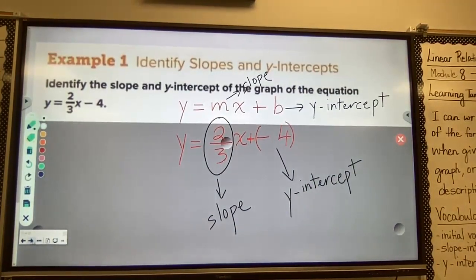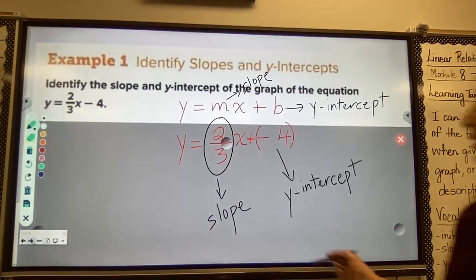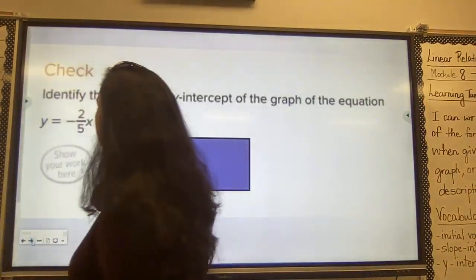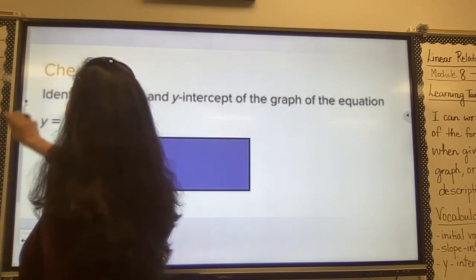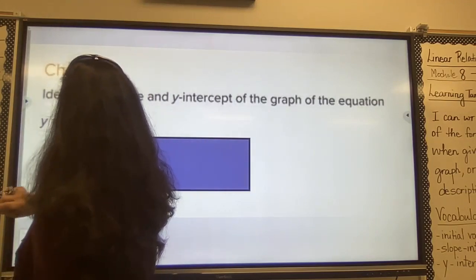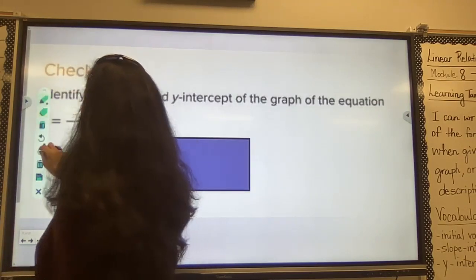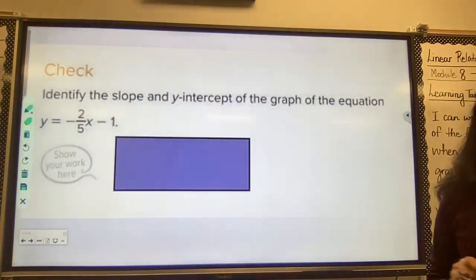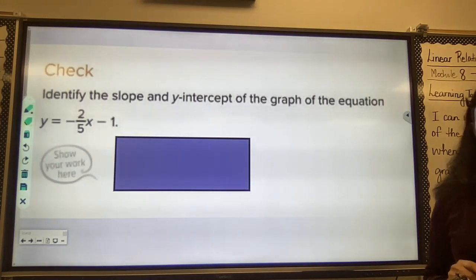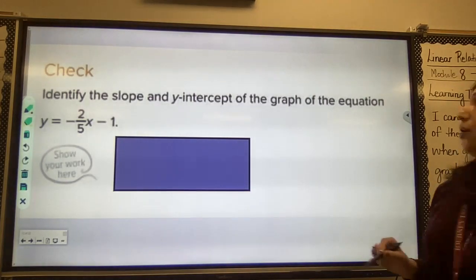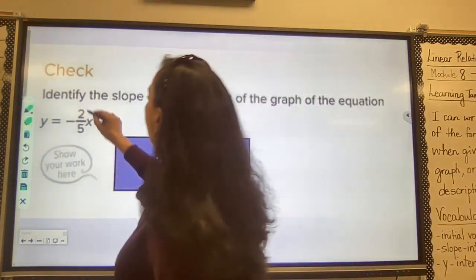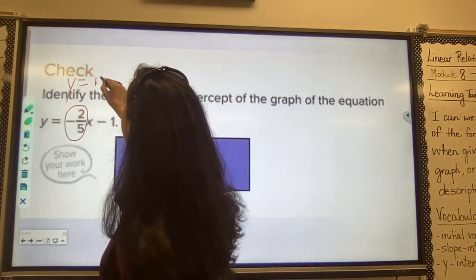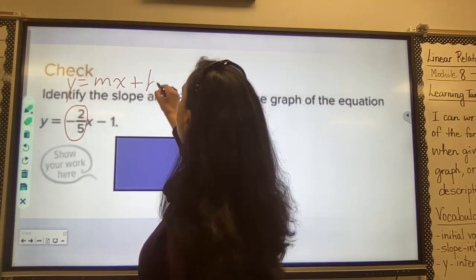let's identify another one. So let's look at this one. Okay, so once again, identify the slope and y-intercept of the graph of the equation. So if I'm looking at this, we know that we have y is equal to mx plus b.